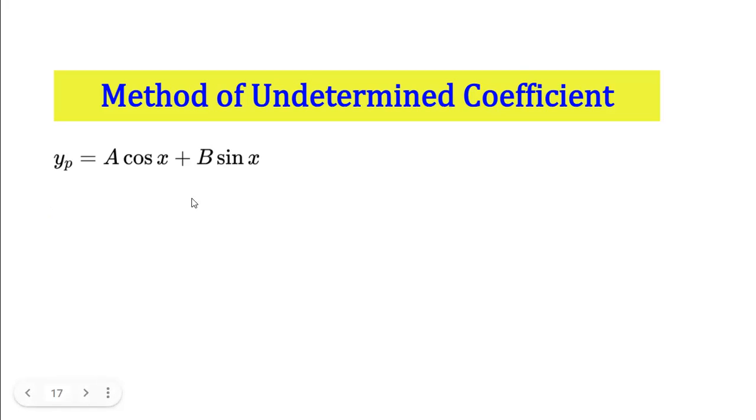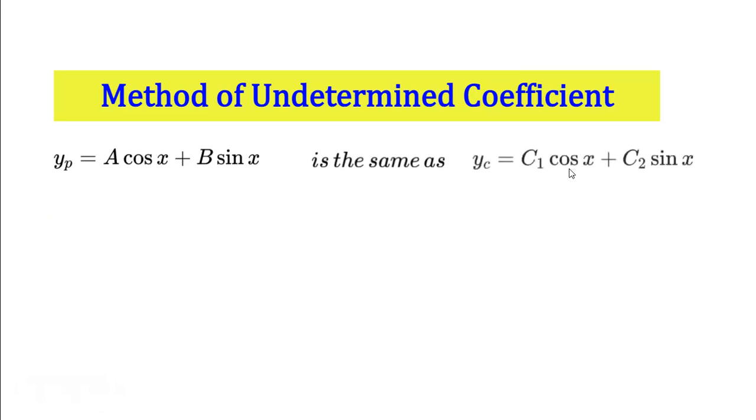So we need to multiply this particular solution by x. Whenever your particular solution and your complementary solution are exactly the same, you will always multiply by x, x squared, or x cubed, depending.